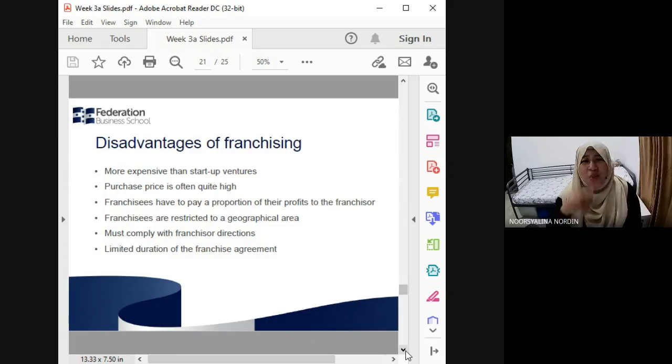I believe it's above 100 million, but I do not know the exact figure. But to start, it's not a very reasonable or cheap price compared to a new startup venture or sole proprietorship. And the third one, the franchisee has to pay a proportion of their profit to the franchisor, which is so-called royalty.